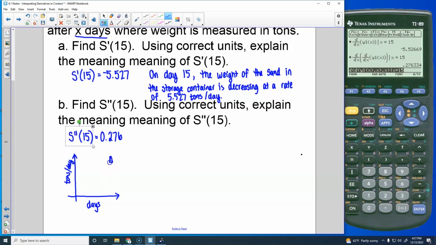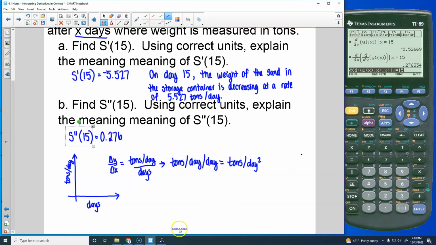So that means our change in y over change in x, the derivative of our s prime, is going to be tons per day over days, or tons per day per day. Or, if you would rather, you can say that's tons per day squared. I kind of prefer doing tons per day because sometimes students put the square in the wrong place here and they say square tons per day, which is not correct. So I usually do tons per day per day.